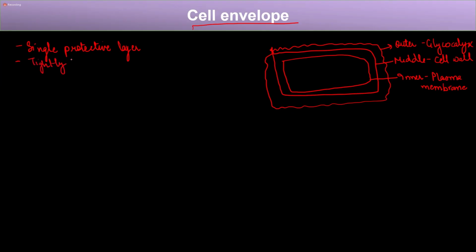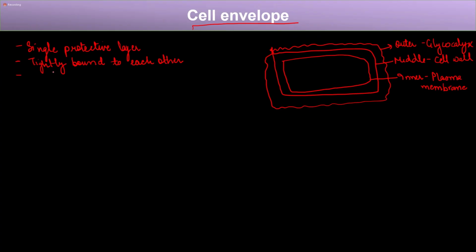And third, these three components are made up of different kinds of chemicals, which you will study in a later slide.